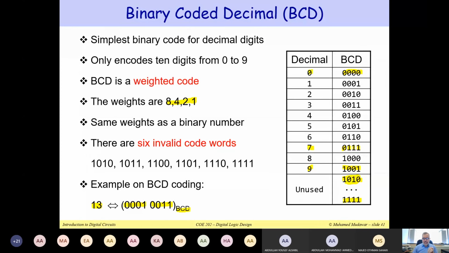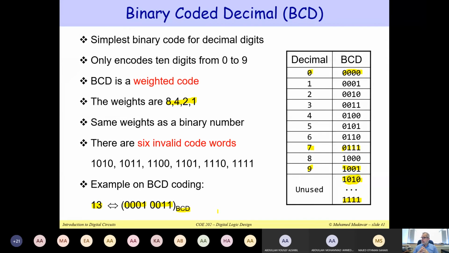Notice that this is the BCD representation. Each digit in decimal will be represented with 4 bits with a BCD code. So if you have 2 digits in decimal, you have to represent them with 8 bits in BCD.